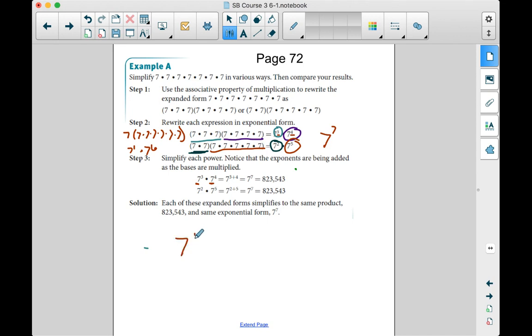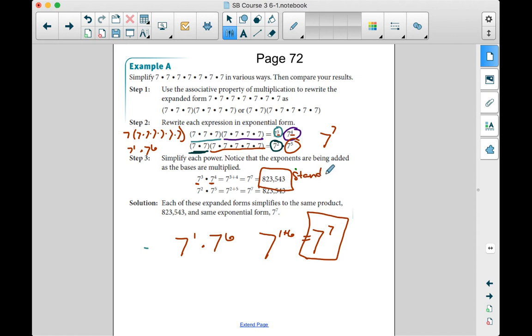Okay, so once again, I'm going to show you. If I have 7 to the first power times 7 to the sixth power, instead of writing it all out just like I did up there, I could say 7, 1 plus 6 equals 7 to the seventh power. And that could be my simplified exponential form. Now, when I put that into the calculator, I would get this number right here, which would be my standard form.